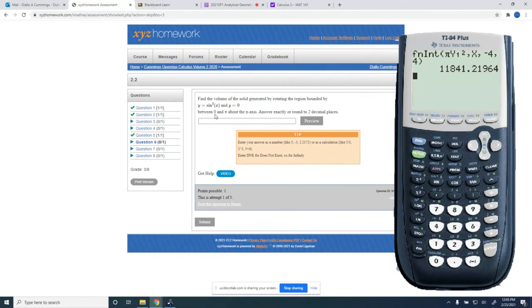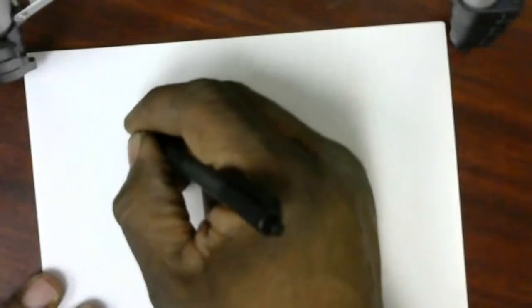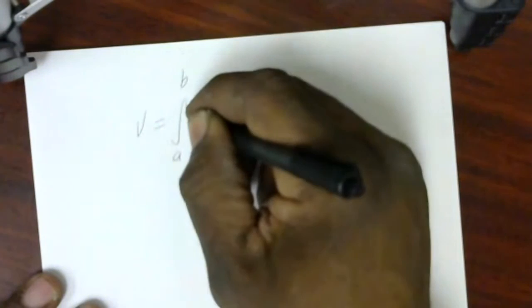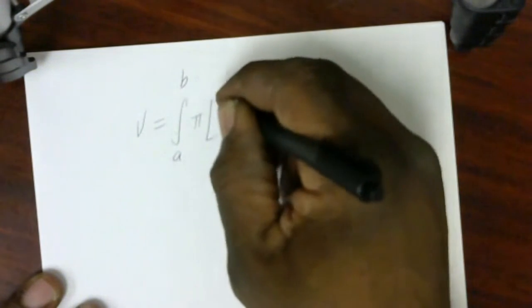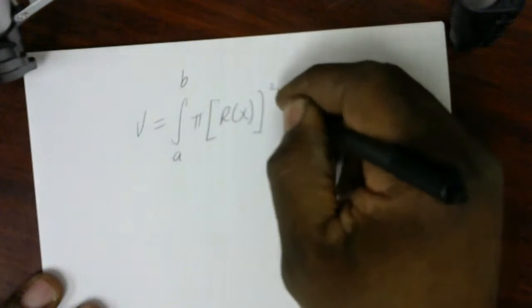All right, so I'm going to go back to the camera and write this out. So the volume is equal to the integral from a to b for pi times the radius squared dx.